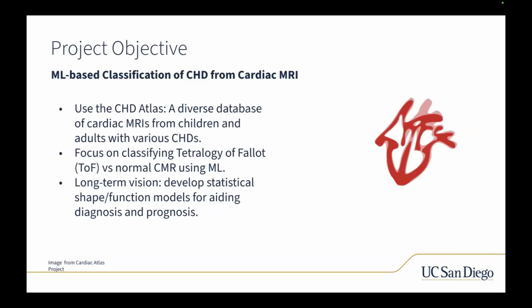We narrowed our focus to just tetralogy of Fallot versus normal cardiac MRI, because we wanted to get one type of defect diagnosed before using the model for other things. Our long-term vision is developing one for multiple different types of cardiac defects, which you can do once you have a pretty good model.